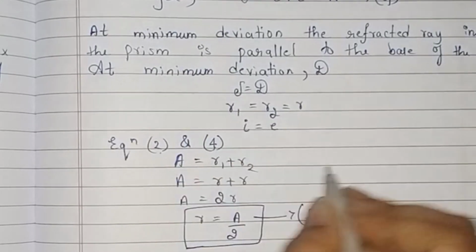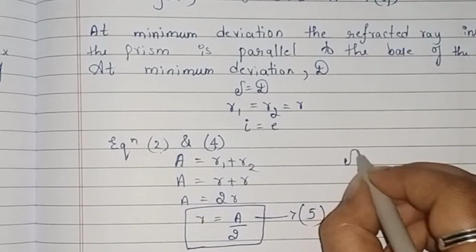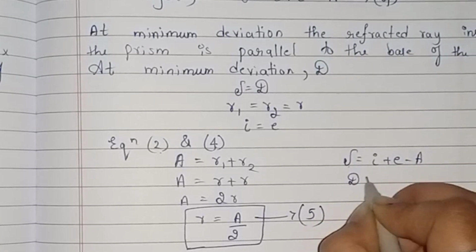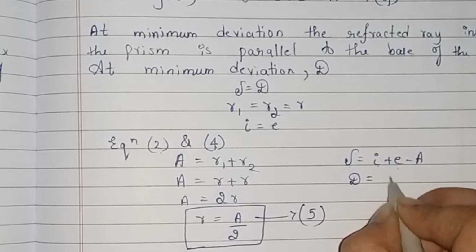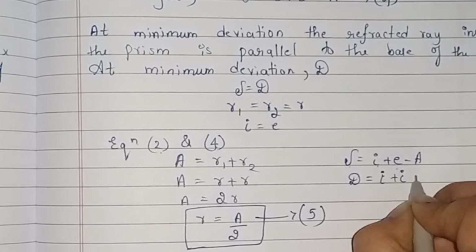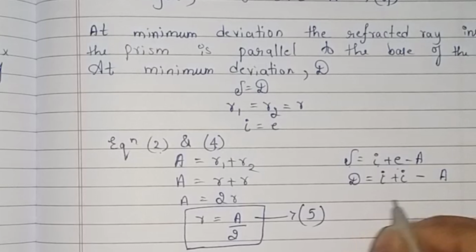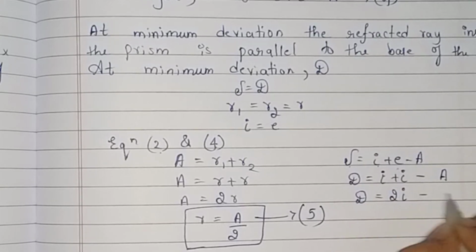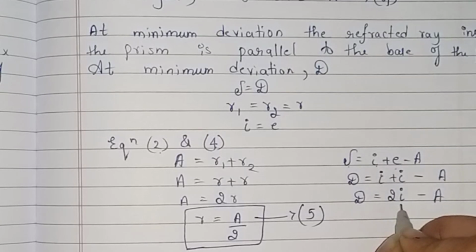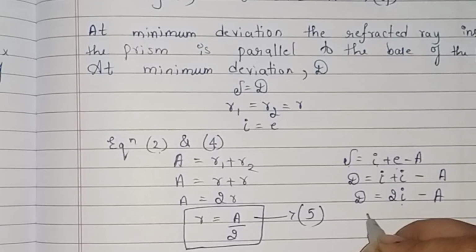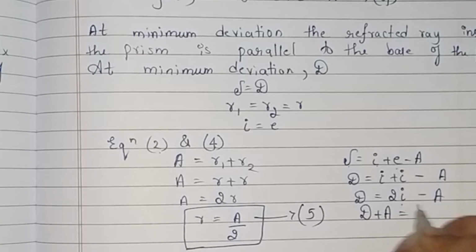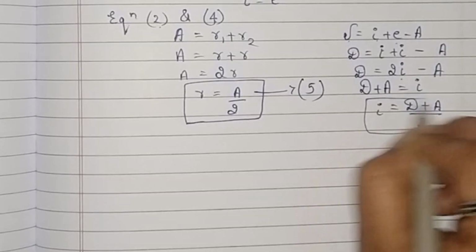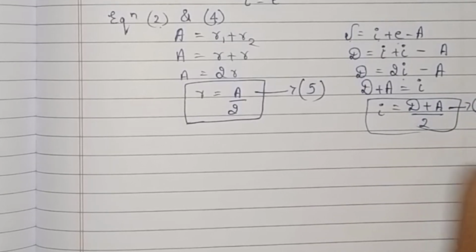And equation number 4 is deviation is I plus E minus A, and this is actually D, I plus I, so D is equal to I plus I minus A. So D is equal to 2I minus A, so we need I, the angle of incidence. Then A we take on the other side, D plus A is equal to 2I, so I is equal to (D plus A) divided by 2. This is equation number 6.